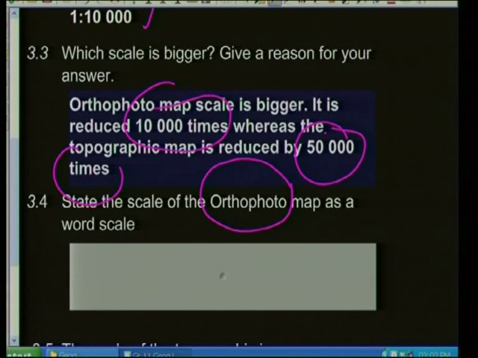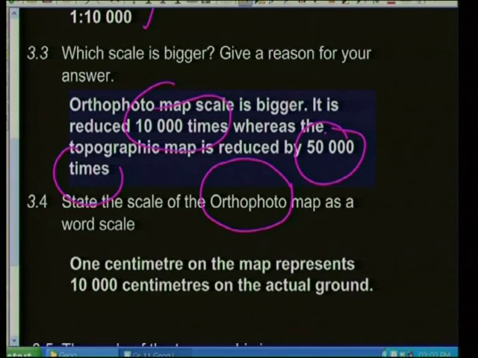Because as soon as we hear the word scale, we think 1 is to 50,000. Remember, you can get your calculations and you can get tested on the scale of the orthophoto map. So it's not 1 is to 50,000, but when you look at your answer, it's 1 is to 10,000.